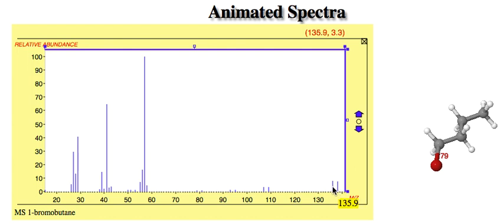So if you take that 136 and you take away the peak of 79, you're going to end up back here. And if you go to this peak here, this is the same molecule, only with the heavier isotope of the bromine in it.